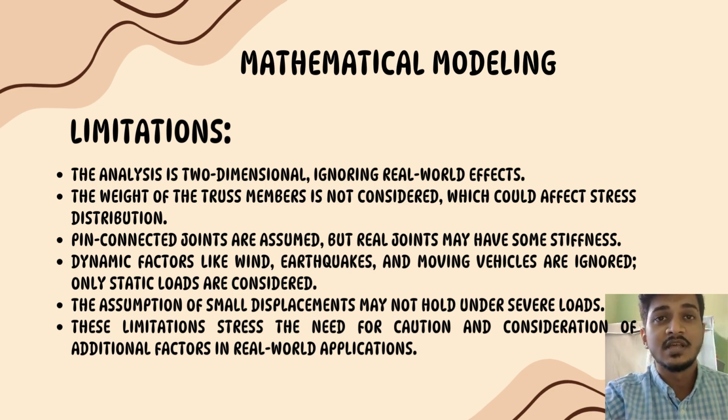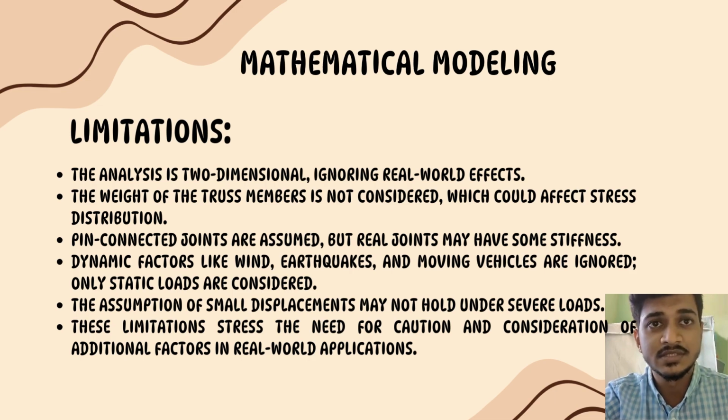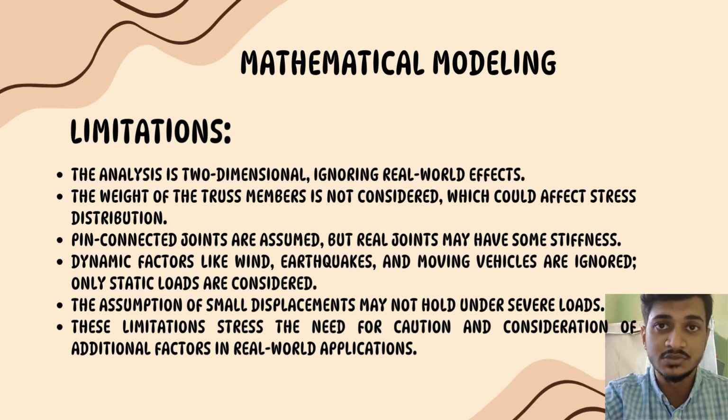This is the last slide of the mathematical modeling, and it is the limitations. There are many points in the limitations. At first, the analysis is two-dimensional, ignoring real-world effects. The second one is that the weight of the truss members is not considered, which could affect the stress distribution. The third one is that pin connected joints are assumed, but real joints may have some stiffness.